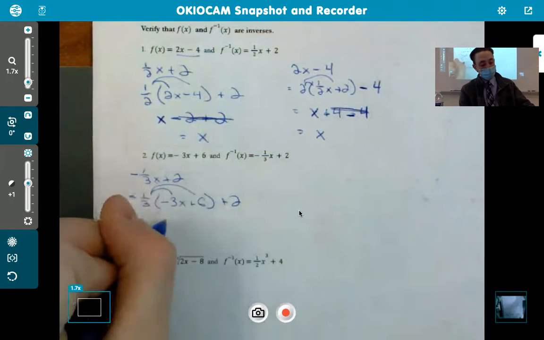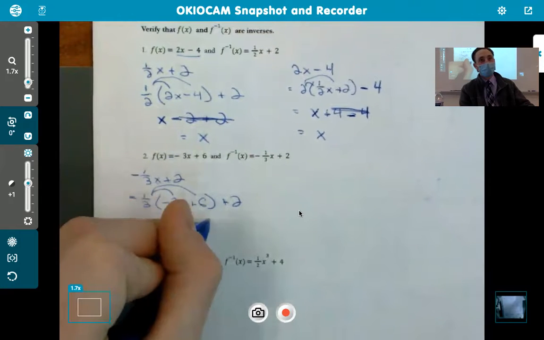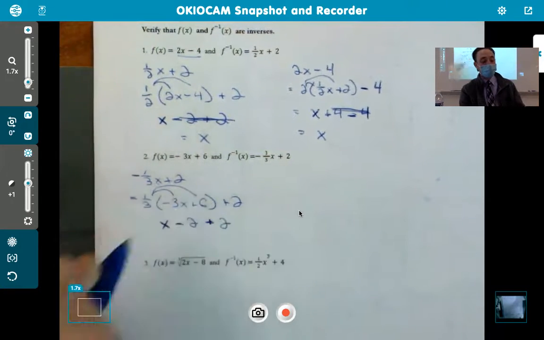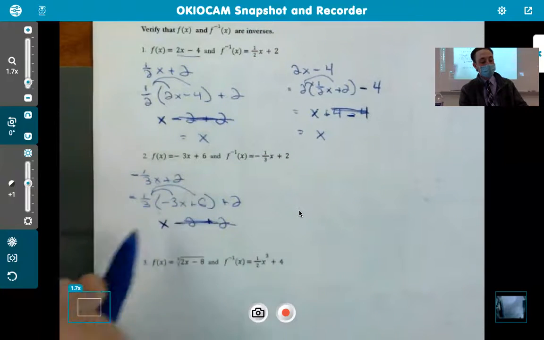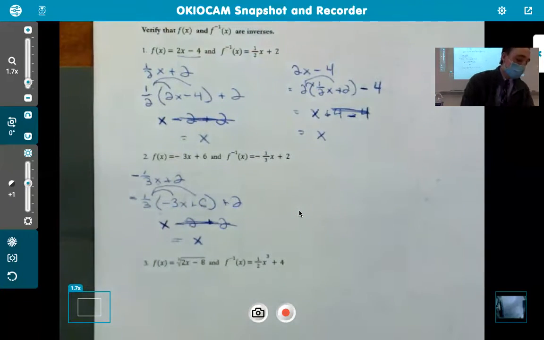Well, for me, I got x minus 2. All right. It's all good. So you have x minus 2 and then the plus 2 on the outside. -2 and +2 are going to cancel and you're left with just x, right? Which is what you should get. Okay. Any questions about the first half of this problem?